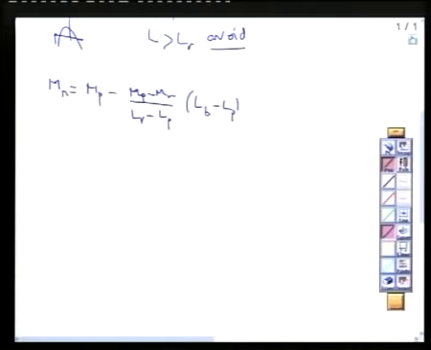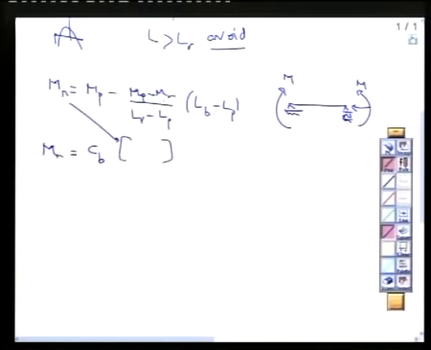This value of Mn has been calculated on the basis that we have the worst condition. And the worst condition is that we have a bending moment, M, uniform over the whole length of the beam. Now, if we have a case other than this, then this Mn should be multiplied by a factor Cb. So Mn equals Cb multiplied by this Mn.